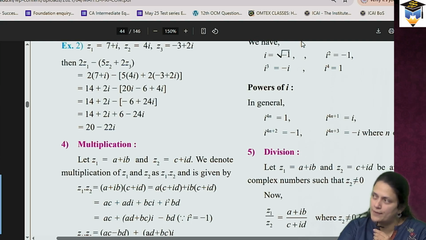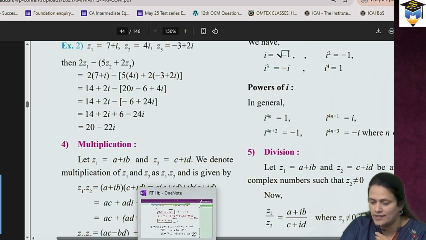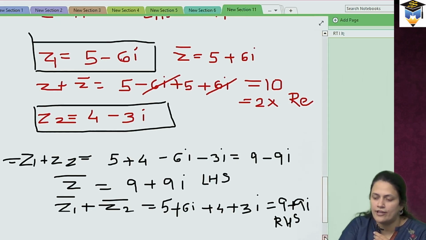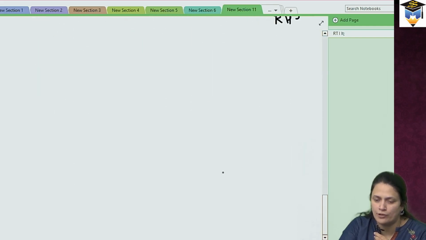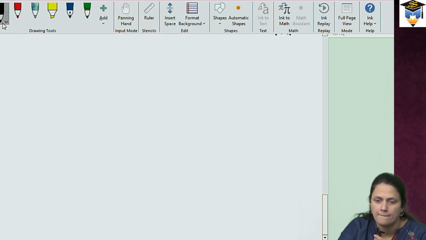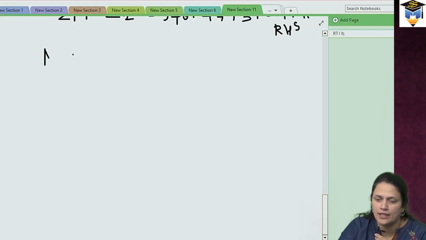So understood this part, everyone? Now let us do the multiplication part. Z1 into Z2. It is very easy. In the last 5 minutes we will do one example of multiplication. Give the heading as multiplication of complex numbers.